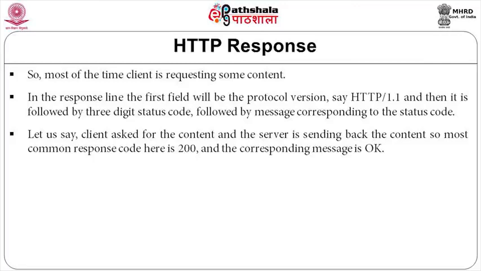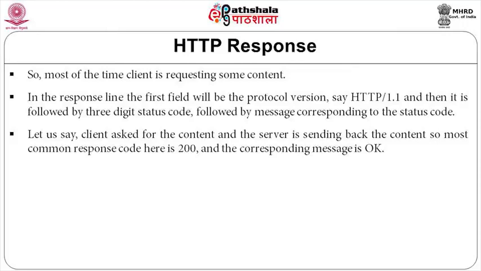In the response line, the first field would be the protocol version. So it says HTTP. Most commonly the HTTP protocol 1.1 is being followed, so it may look like HTTP/1.1. Then it is followed by a 3-digit response code.